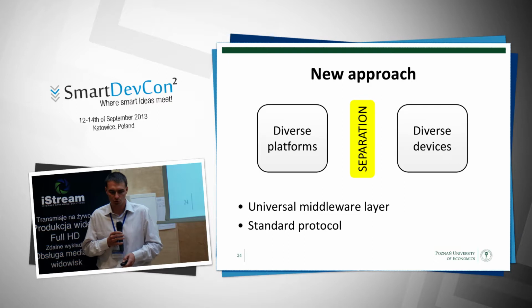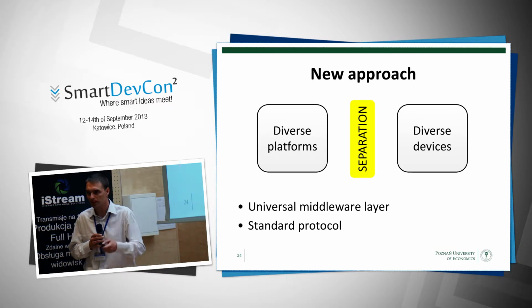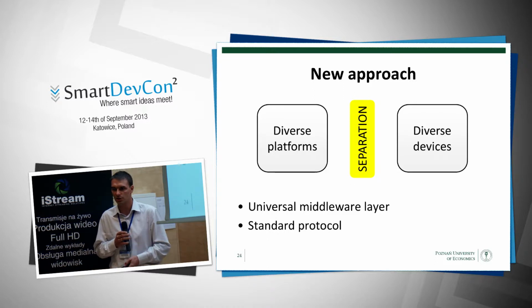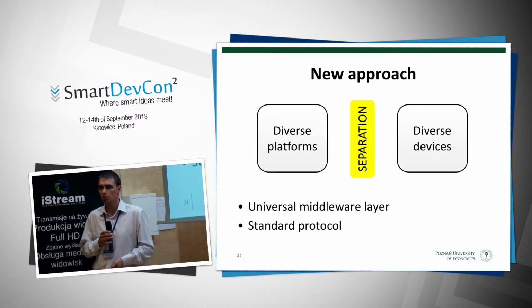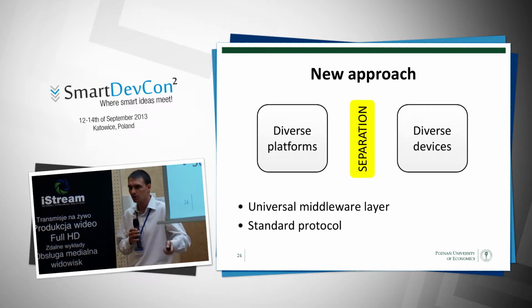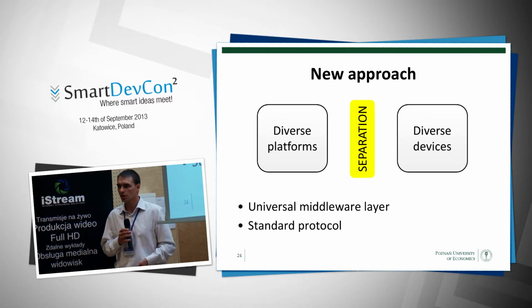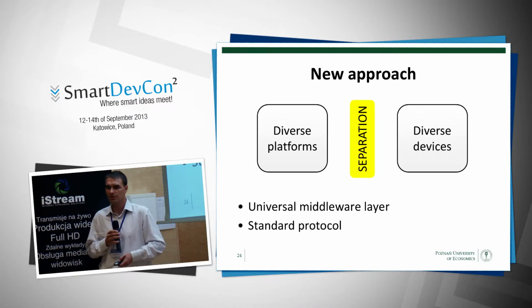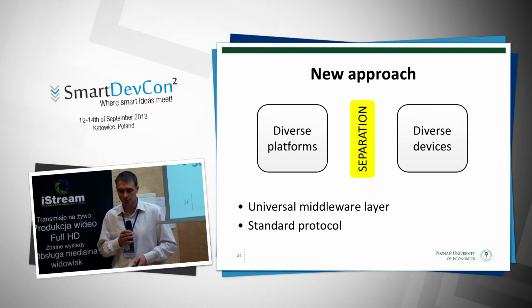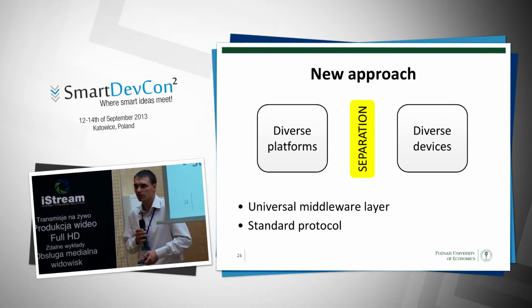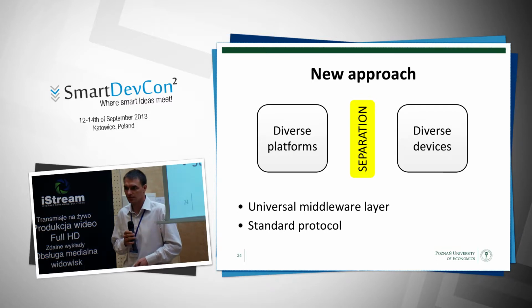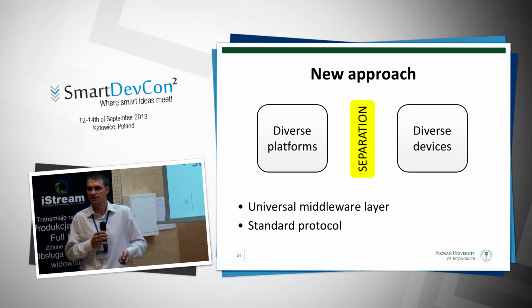The separation is usually done by providing some universal middleware layer, which makes both sides transparent to each other, or through a standard protocol, like TCP or UDP used on the internet, where a single protocol is used to communicate all those different devices, no matter what the device is. It only matters if it implements the same protocol, the same language.